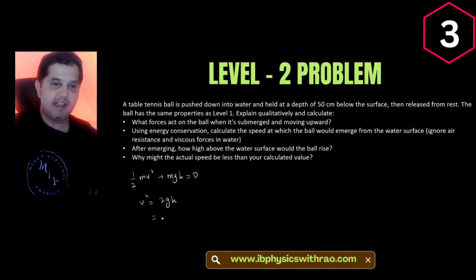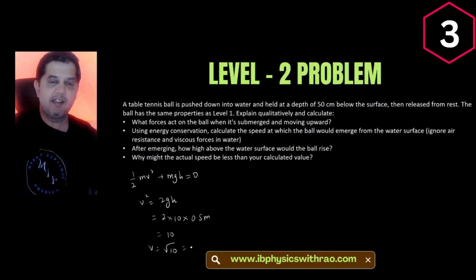Okay, so this I can now say is 2 into 10 multiplied by height. What is the height? 0.5 meters, 50 centimeters. No? So 2 into 0.5 is 1 into 10 is 10, and then v should be equal to root 10. So thus you will get this as some 3.1 or something like this meter per second. You get some value here. Okay, now this question is also answered.